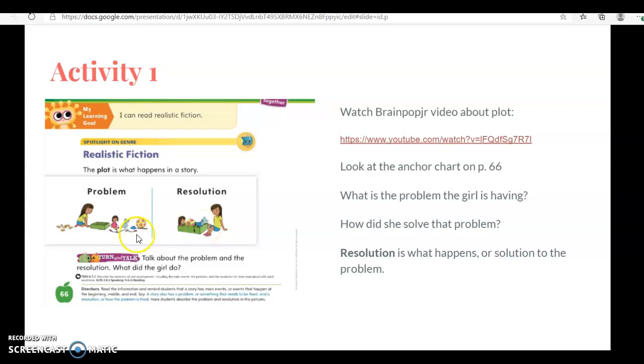She knew that she had to clean up her toys. She saw that she had an empty box, and she thought to herself, the best way to solve this problem is to put my toys into the empty box. So her problem was how she was going to clean up the toys, and her resolution, or how she fixed the problem, was to put the toys in the empty box.